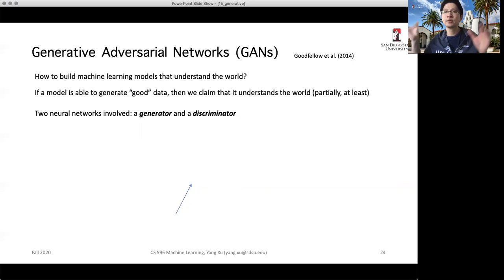Given that mindset, GANs actually implement two neural network based models.